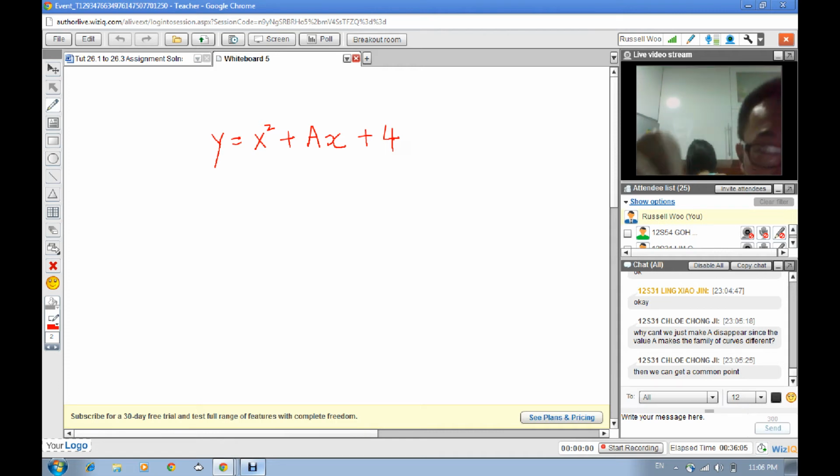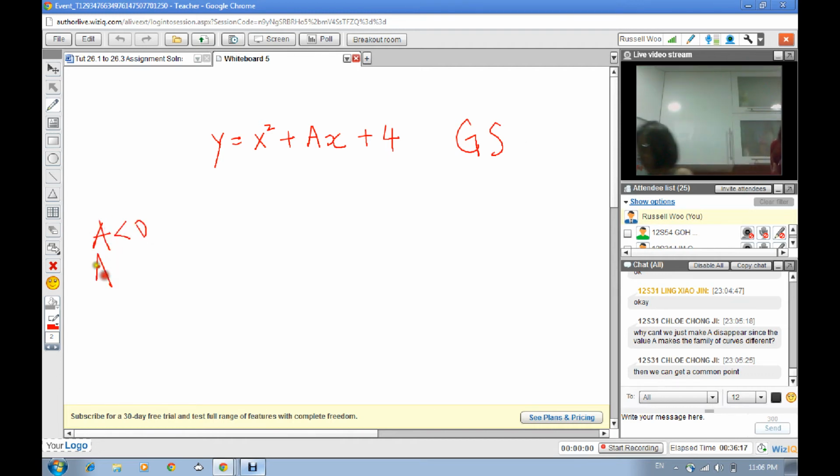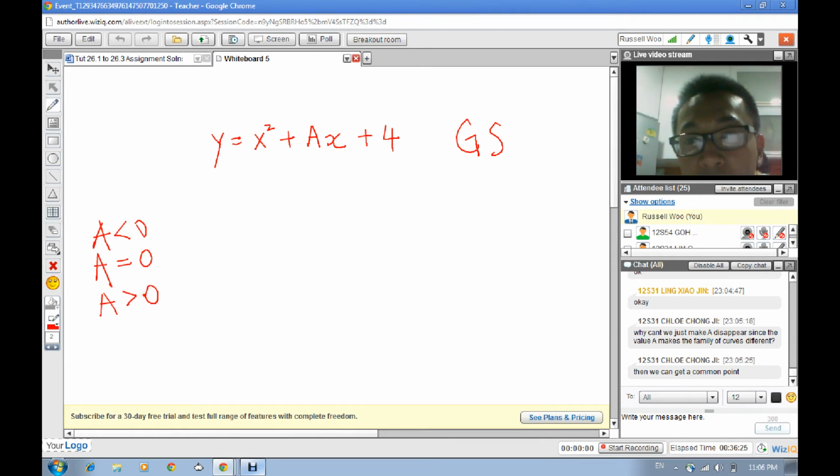If this is a general solution, you will have a lot of curves. You have a negative, a 0, a positive. Now, there is a common point.